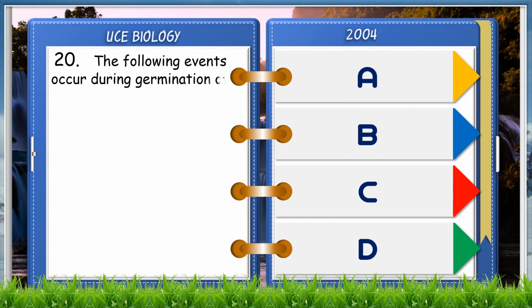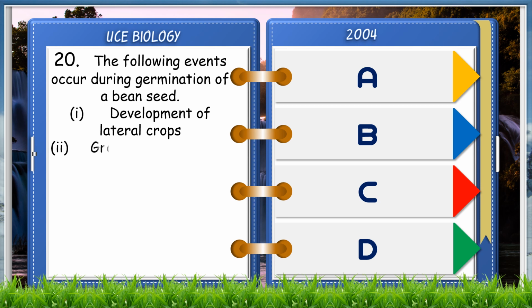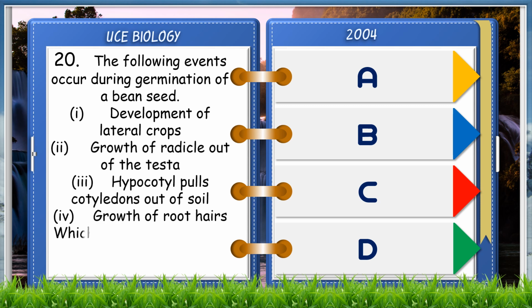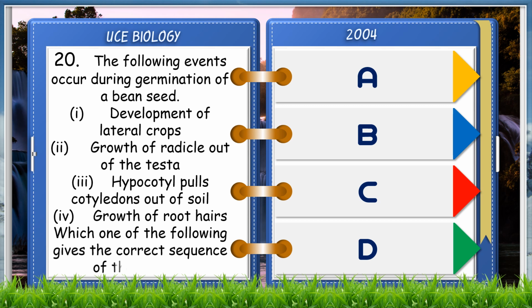The following events occur during germination of a bean seed. 1. Development of lateral roots. 2. Growth of radicle out of the testa. 3. Hypocotyl pulls cotyledons out of soil. 4. Growth of root hairs. Which one of the following gives the correct sequence of the events?